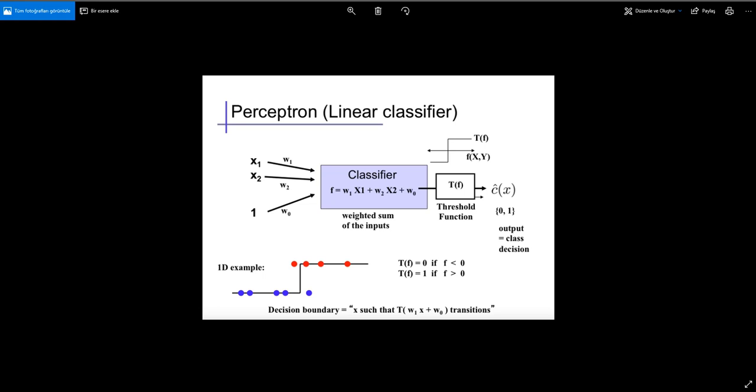I saw lots of threshold problems, because the threshold is deciding something, first of all classifying. The threshold function is a helpful thing to understand the machine learning world.